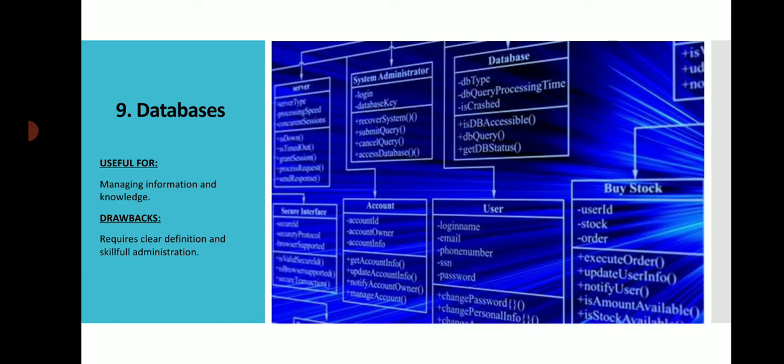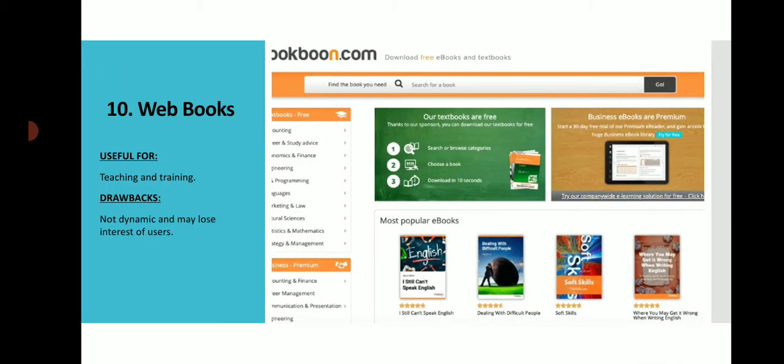Number 9, databases. It is useful for managing information and knowledge. Drawbacks: requires clear definition and skillful administration. Number 10, webbooks. It is useful for teaching and training. Drawbacks: not dynamic and may lose interest of users.